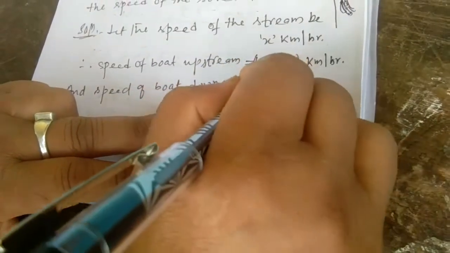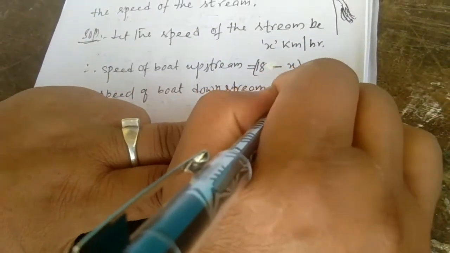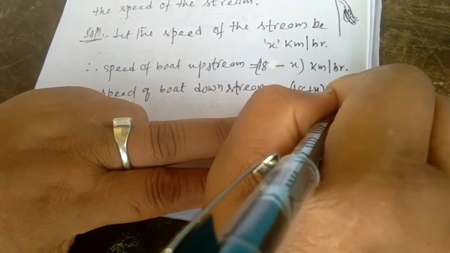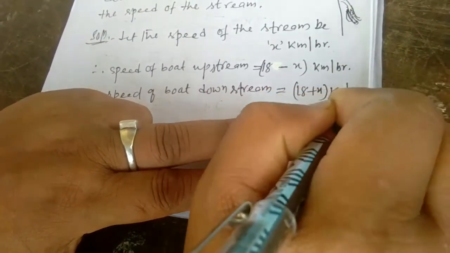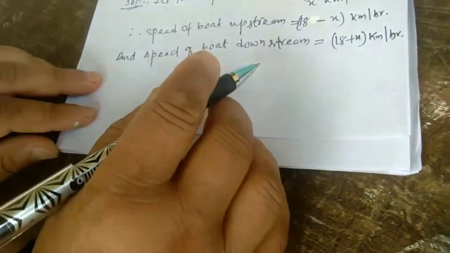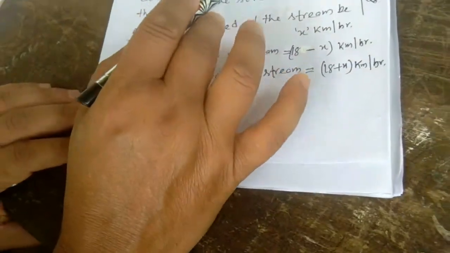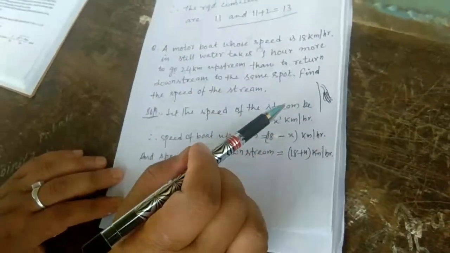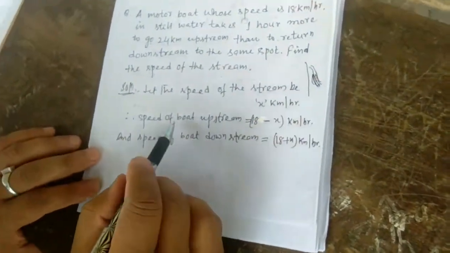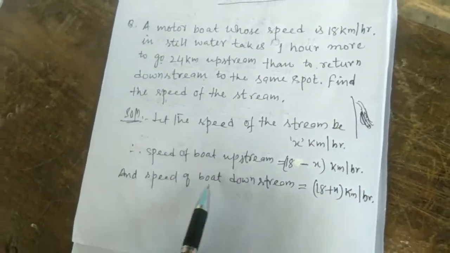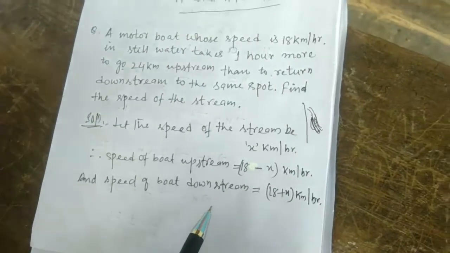In downstream, the speed will increase, so 18 plus x kilometer per hour. Now by the question part, try to understand very carefully. Here it is given that it takes 1 hour more, so first you have to find the time taken by the boat to go upstream and the time taken to go downstream.